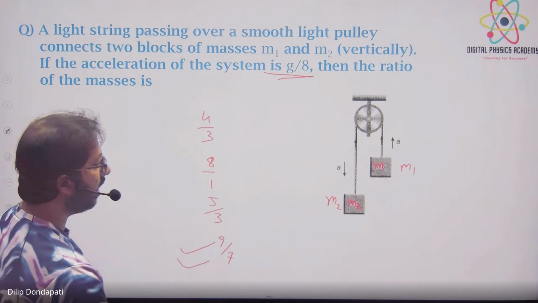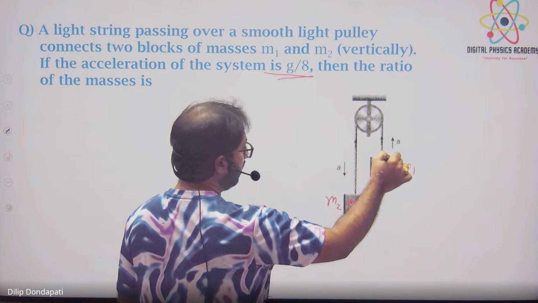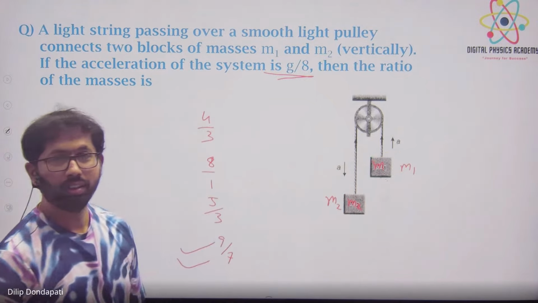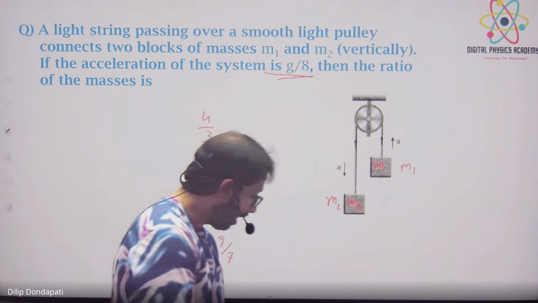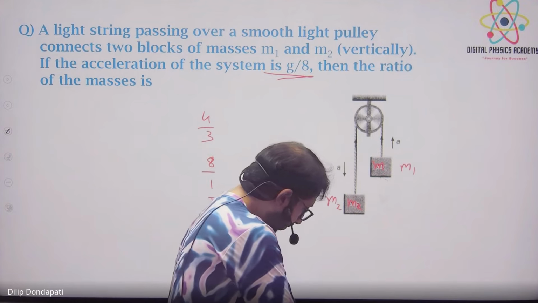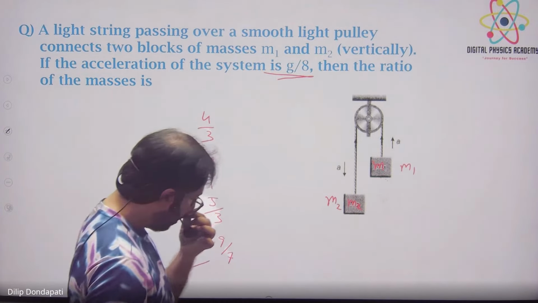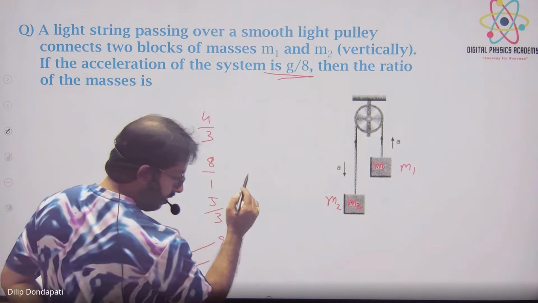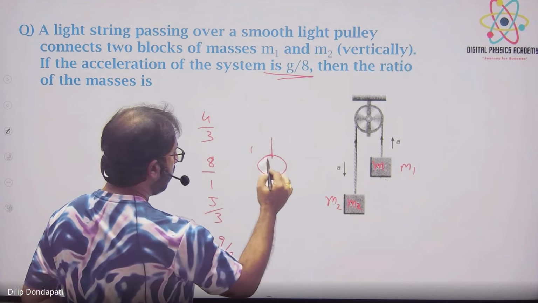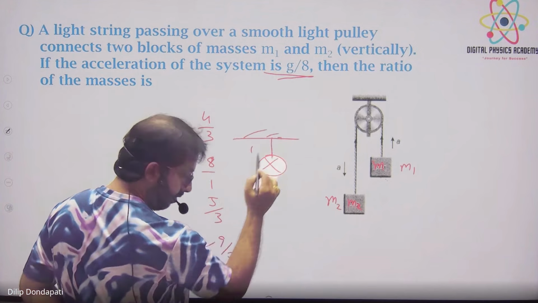Sir, they said ratio of masses. Actually, this is reversed. This is down, this is up. Okay, do you know how the m1 m2 diagram was given? They gave the pulley like this only, same diagram. Sir, answer should be 7/9 if they're asking M1 by M2. Yes, but M2 by M1 will be 9/7.